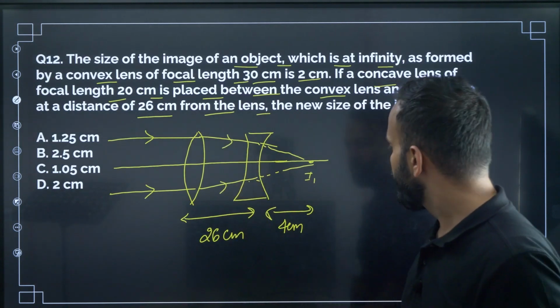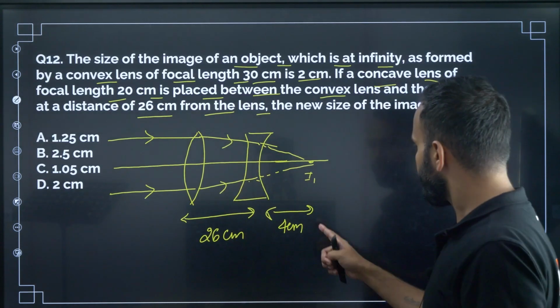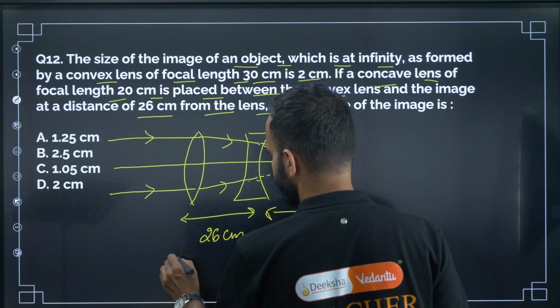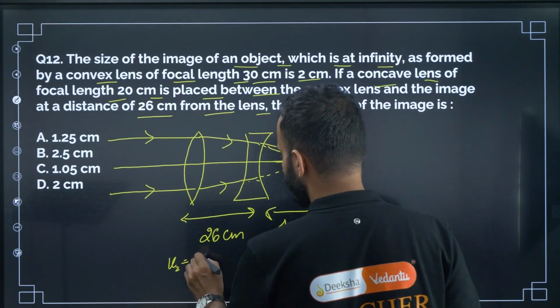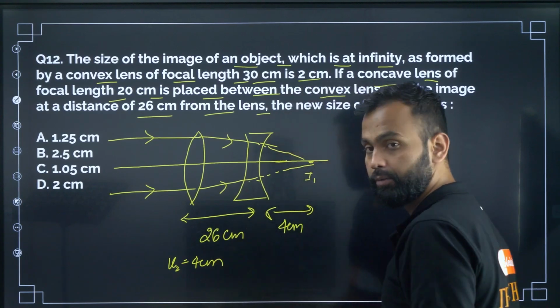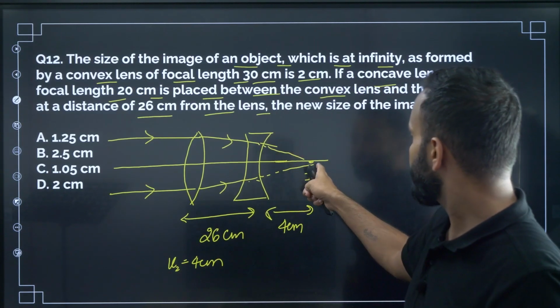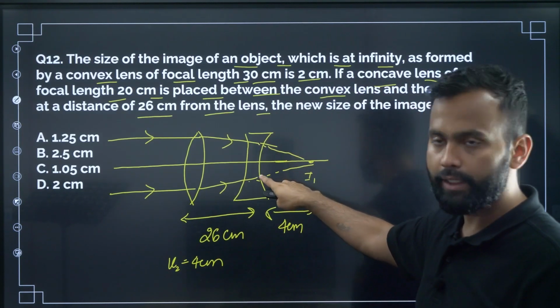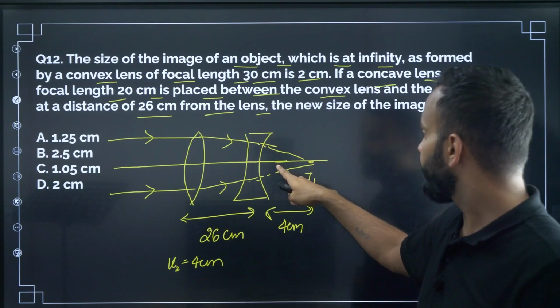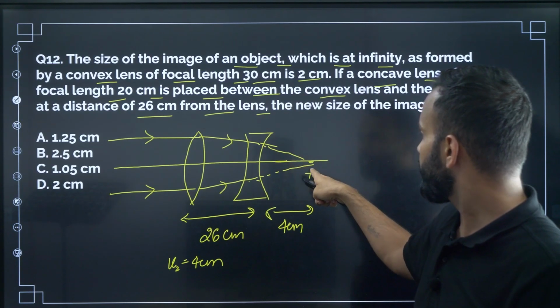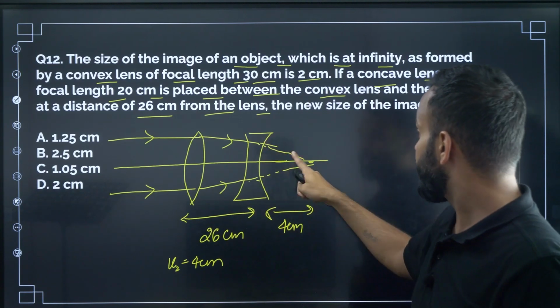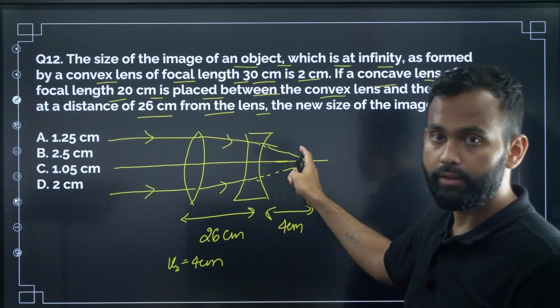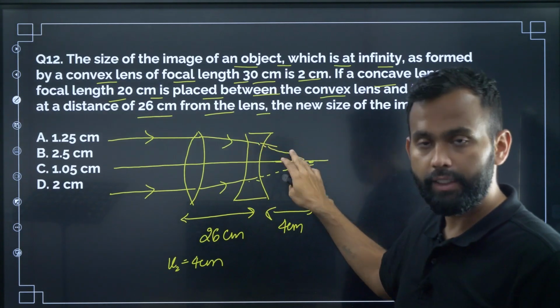So now this image acts like an object for the concave lens. So here the object distance U2 is equal to 4 centimeter, positive 4 centimeter. Why? Because the direction of measurement of the object distance is the same as the direction of the incident ray.